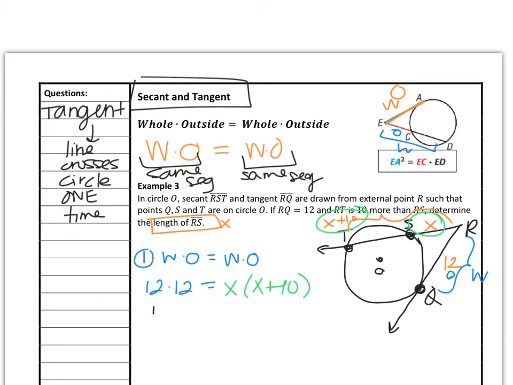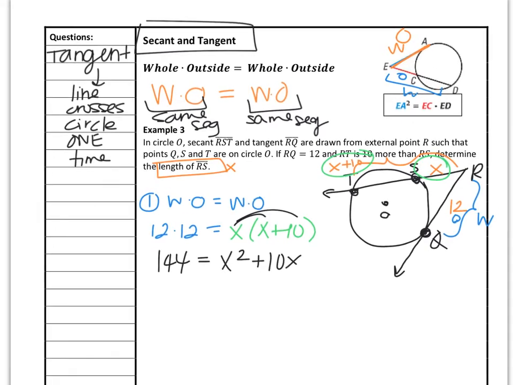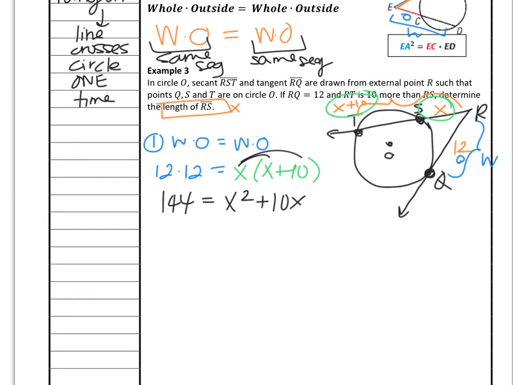All right, so here we go with the fun stuff. 144 equals x squared plus 10x, just by distributing. Now, this is called a quadratic equation because there's an x squared in it. So you're going to have to recall the steps from solving a quadratic from back in algebra.